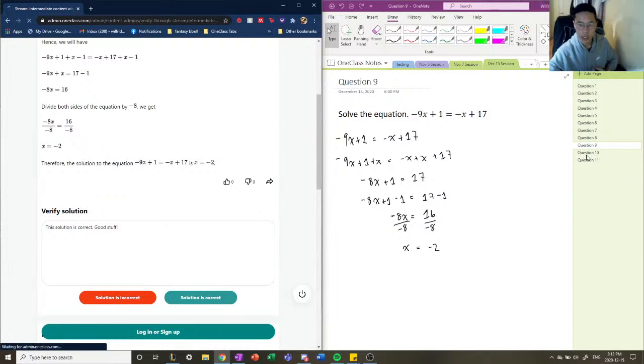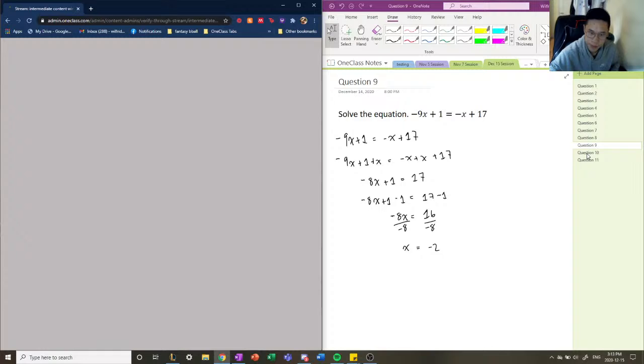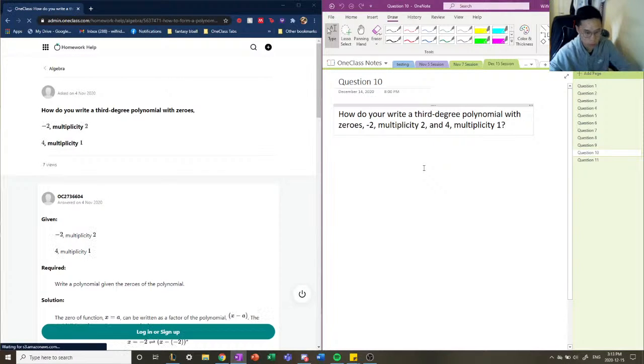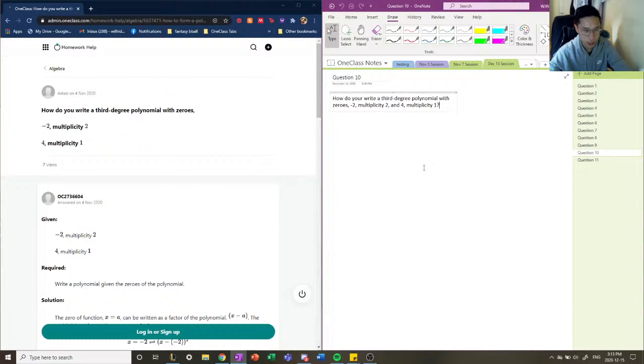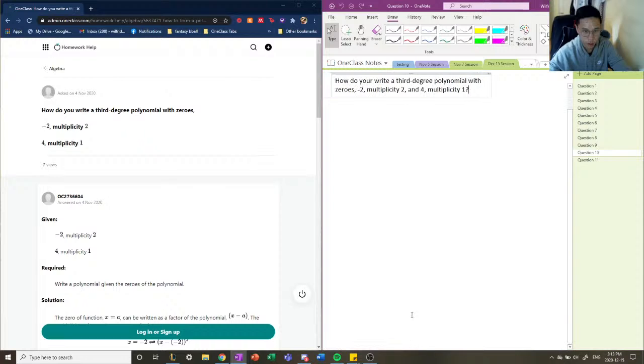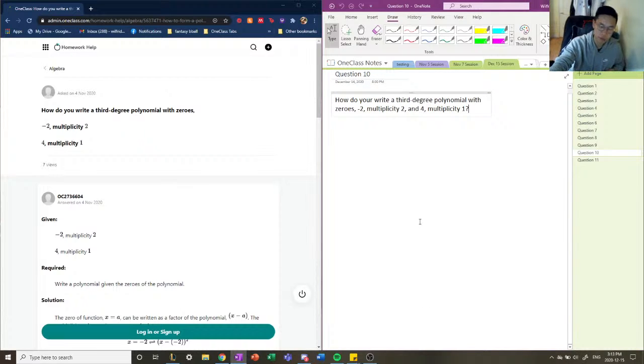Alright, next question. The next question reads, how do you write a third degree polynomial with zeros negative 2 with multiplicity 2, and 4 with multiplicity of 1? First of all, we need to define what a third degree polynomial is.